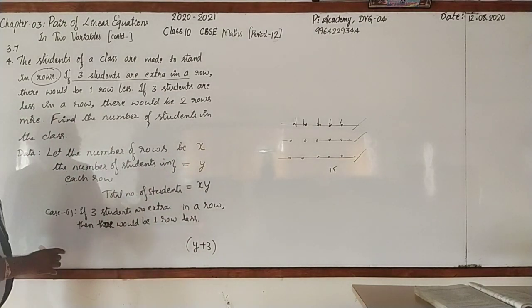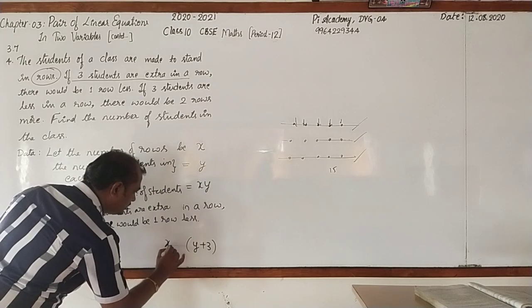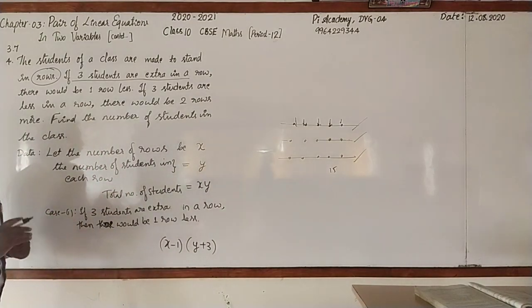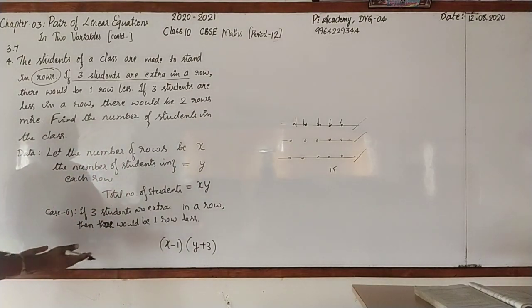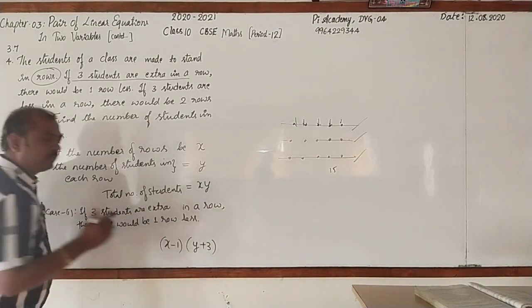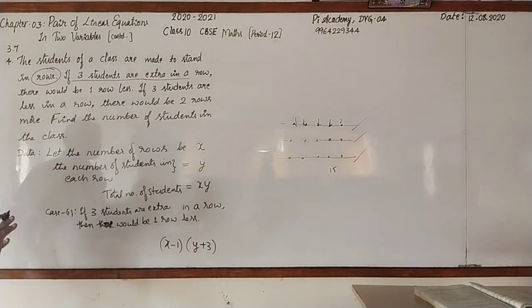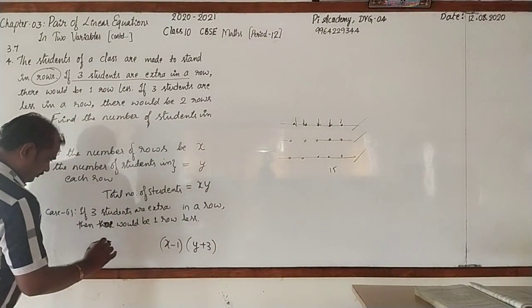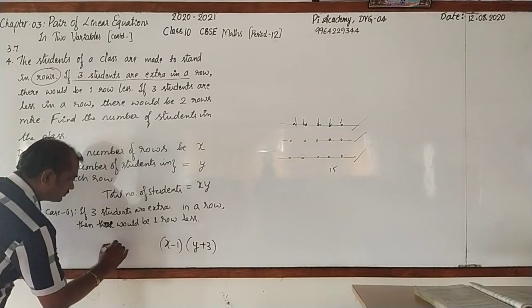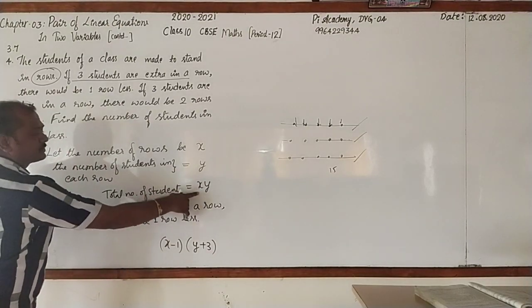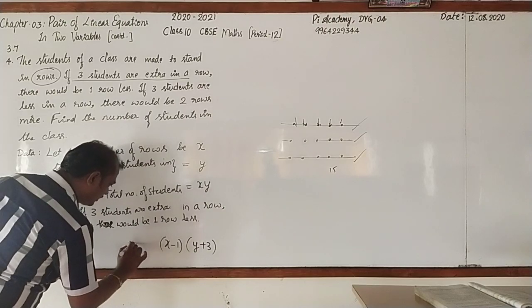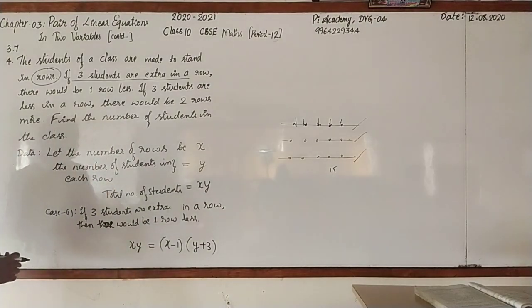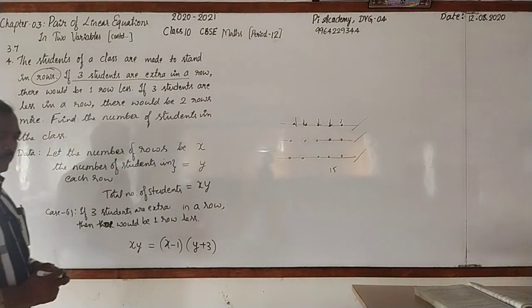The total number of rows is X. 1 row less means X minus 1. Then total number of students is (X minus 1) into (Y plus 3). Hope that you have understood. This is nothing but XY, the total number of students. Here I'll write XY is equal to (X minus 1) into (Y plus 3).